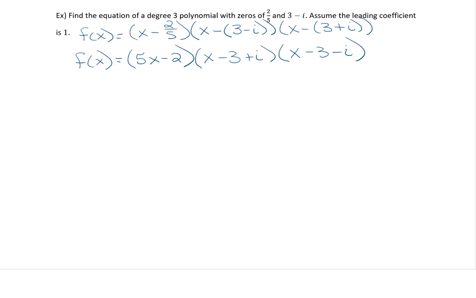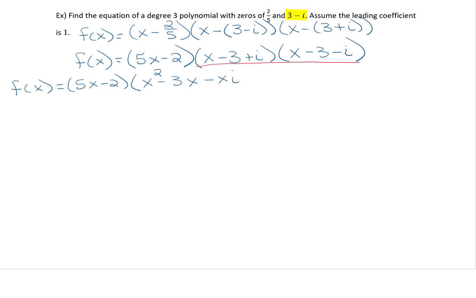The general rule, if you're dealing with imaginary numbers, such as the 3 minus i or the 3 plus i, they want you to at least multiply out those two binomials so you no longer have imaginary numbers in your answer. So let's do that. Let's go ahead and expand these two first. We're going to need a little room, so I'm going to write a little bit smaller. We have the 5x minus 2, and now we're going to distribute. x squared, x times negative 3, negative 3x, negative xi.